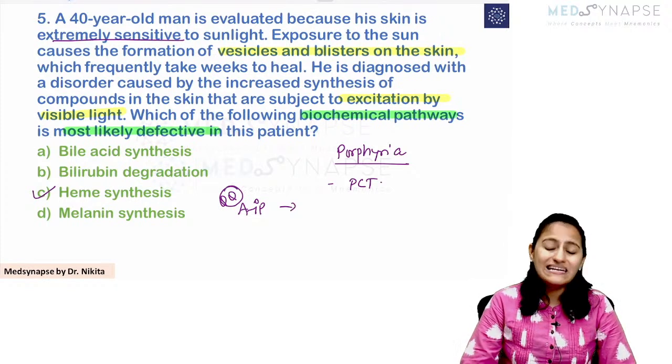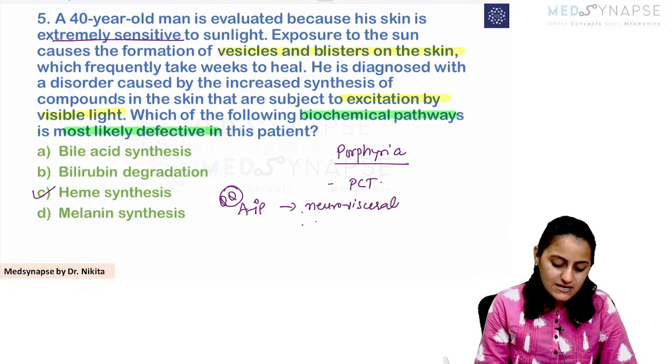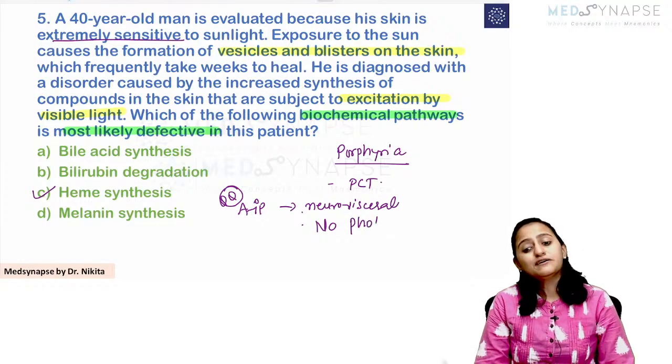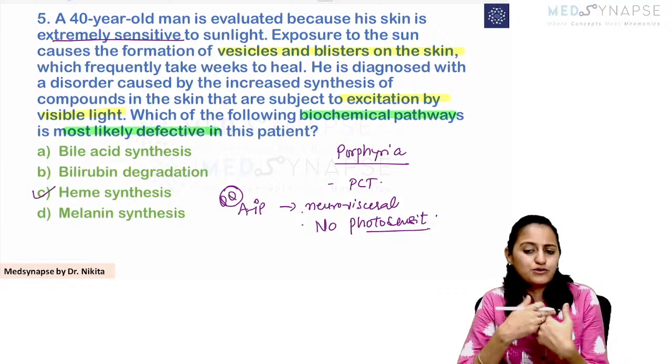Remember, acute intermittent porphyria is only neurovisceral, very, very important. There is no photosensitivity in acute intermittent porphyria, which you get in cutanea tarda. Cutanea is cutaneous only. There are no neurovisceral features there.